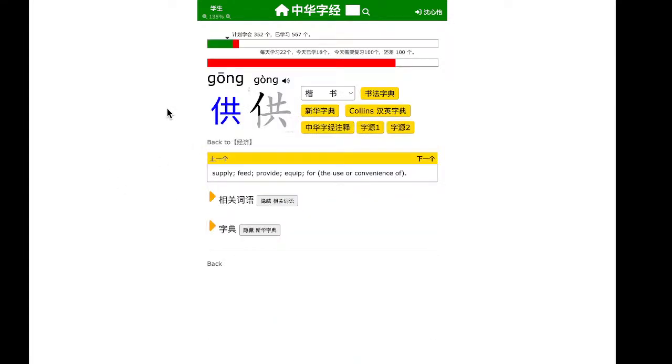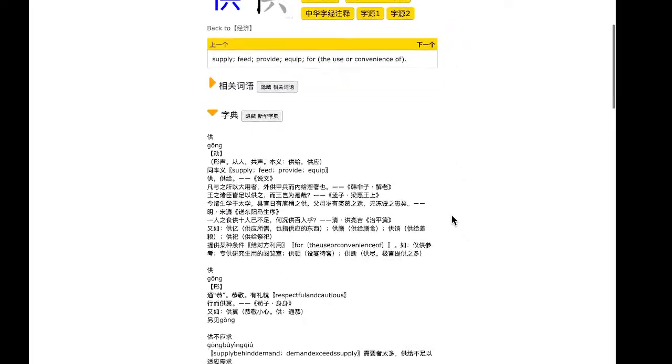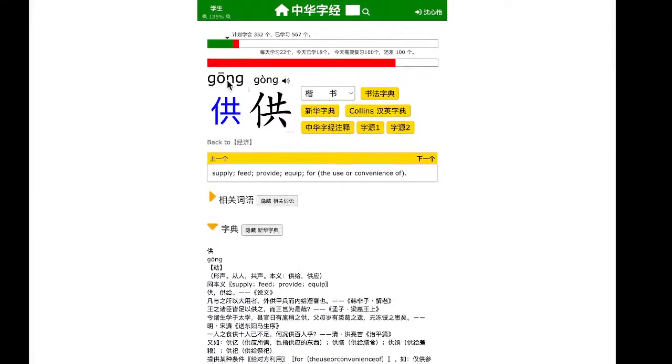Moving on. 公. This 公 means to... Is that the correct? Yes, it is. This has also got two different readings. 供 is to supply, feed, provide, or equip for the use or convenience of someone.